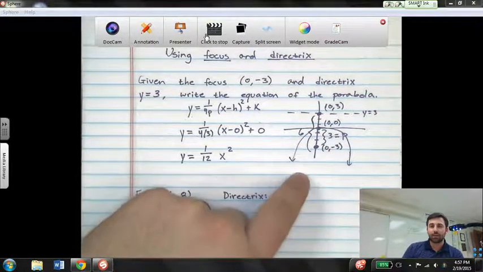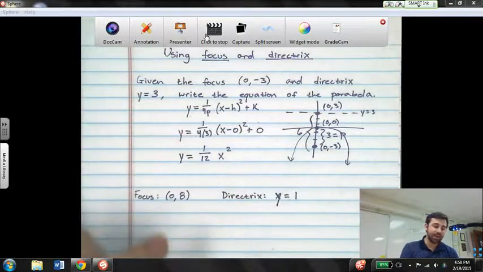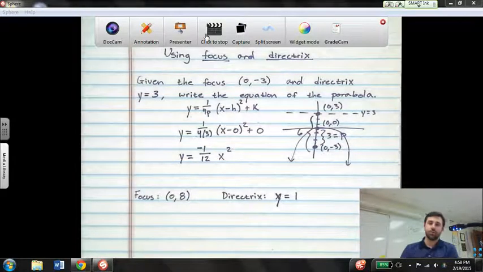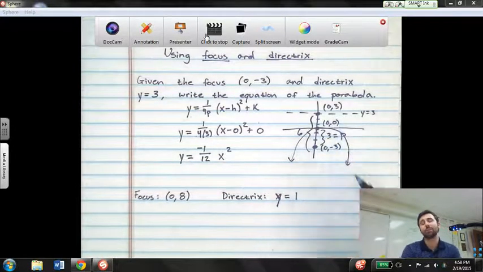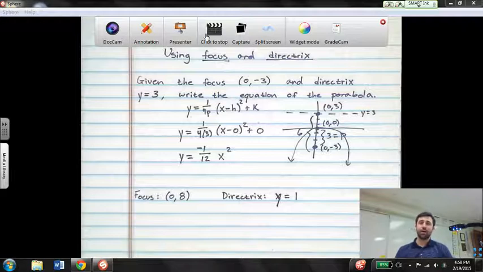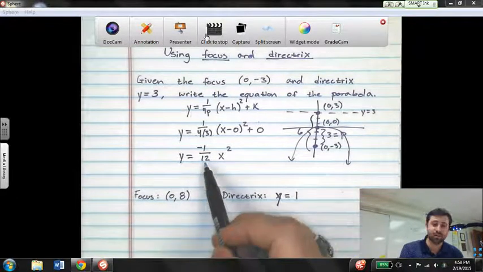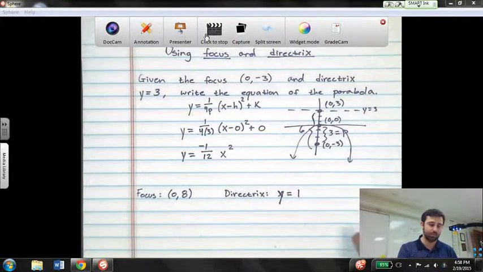This parabola is in a downward orientation, meaning that I should have a negative leading coefficient. Remember, the directrix and the parabola don't intersect, so wherever your directrix is, your parabola will be facing the opposite direction. It's so important that you know the sign of this equation, because if I just left it at 1/12 x squared, I would be left with an upward parabola.